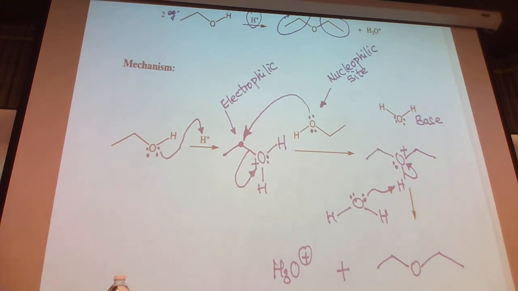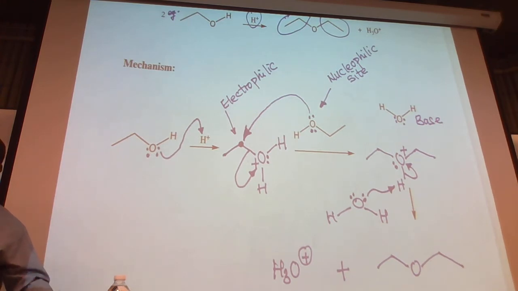Now, this is an SN2 reaction. It's by SN2 mechanism because you don't have a carbocation intermediate generated, right? And one of the criteria for an SN2 reaction is inversion of stereochemistry, the other is you have to do it at a primary carbon center.